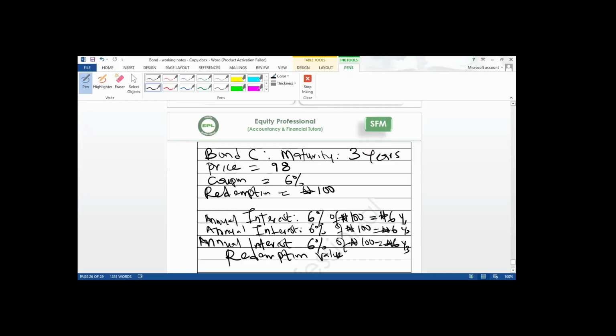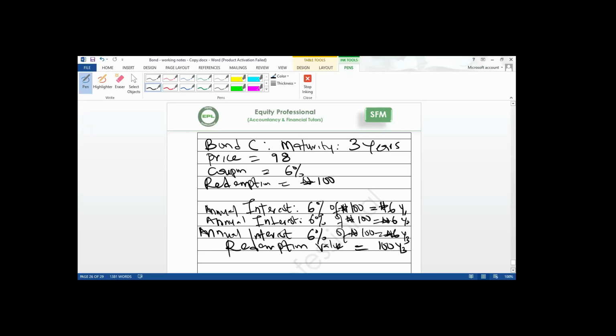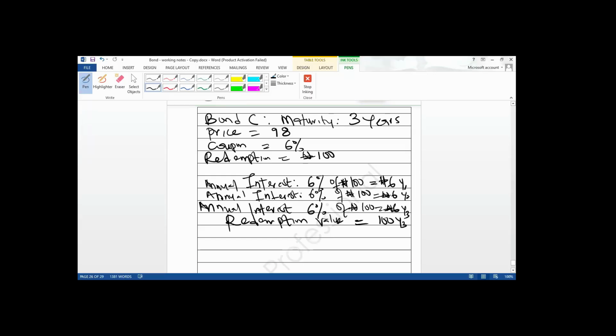Redemption value is equal to 100 naira, year 3. Please always remember, at the end of year 3, at the end of the bond, you are going to have cash flows, annual interest plus the redemption value.